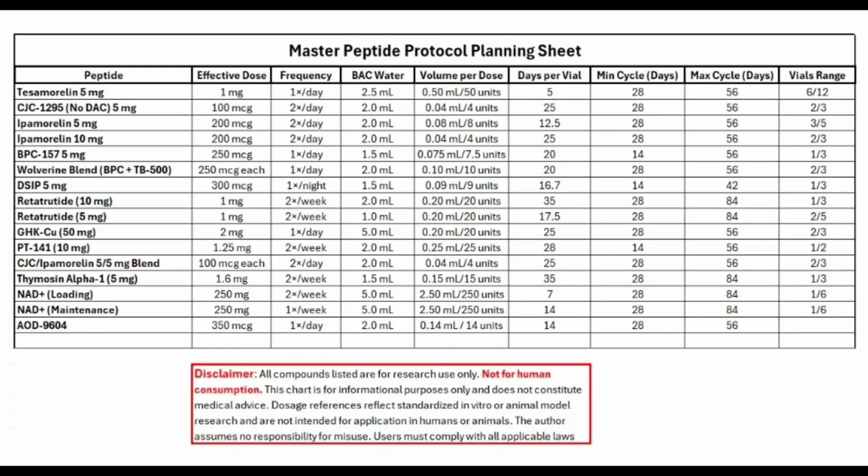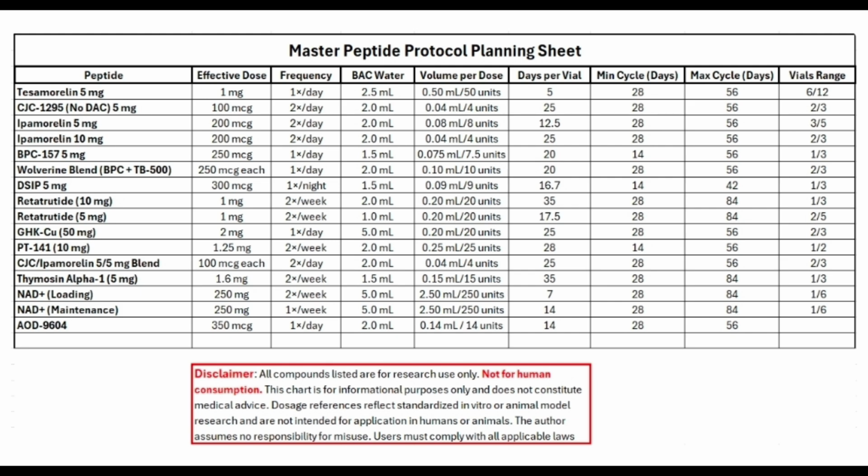Give me a second. So this is the sheet that I was referring to, and it's basically giving you all the information that you need when it comes to reconstituting the most popular peptides, the effective dose.